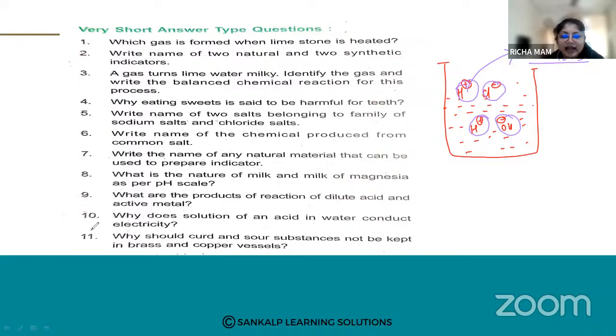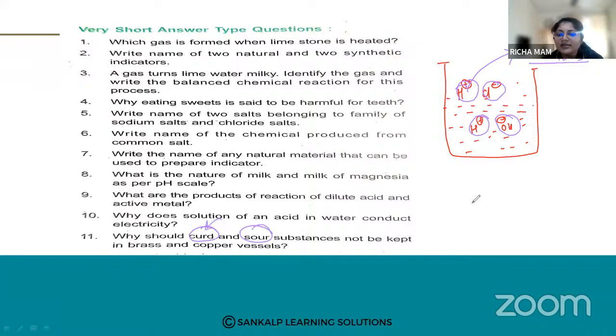Why should curd and sour substances not be kept in brass and copper vessels? Why? Curd has a slightly acidic pH.